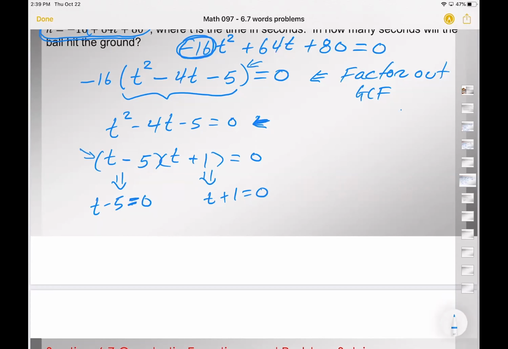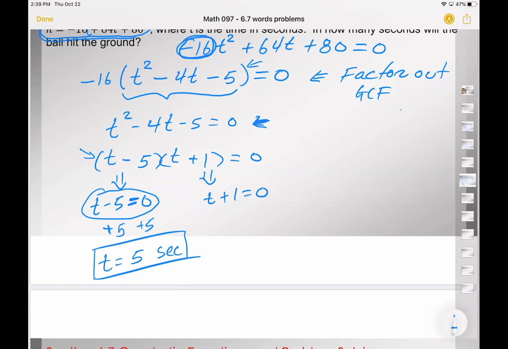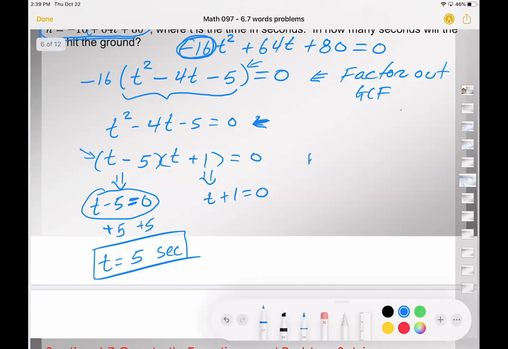And then now, because my problem has a t squared, I have to factor. If my problem doesn't have a t squared, then all I need to do is move the item to the other side. If I move it to the other side, everybody see that this will be 5 seconds. So whatever the story is, after 5 seconds it will hit the ground.